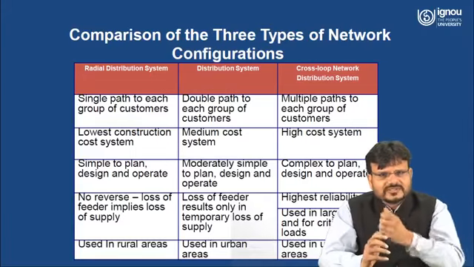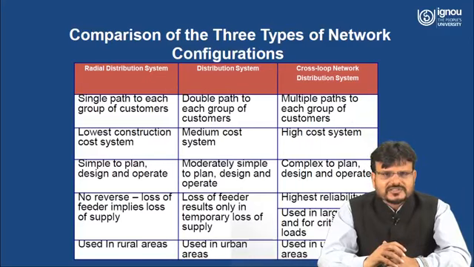The radial distribution system has the lowest construction cost, the loop system has a medium cost, and the cross loop network system has the highest cost. The radial is simple to plan, design and operate. The loop is moderate, simple to plan and design.